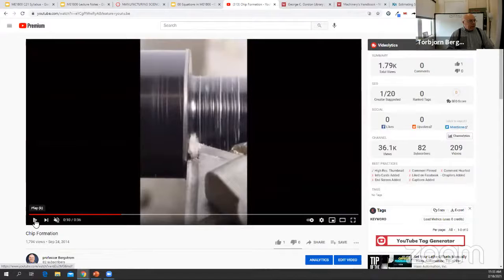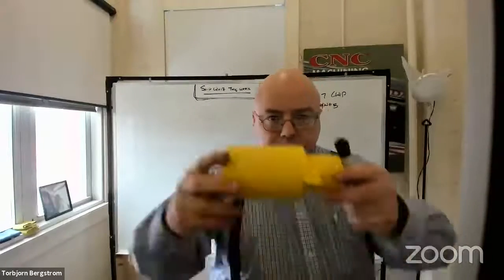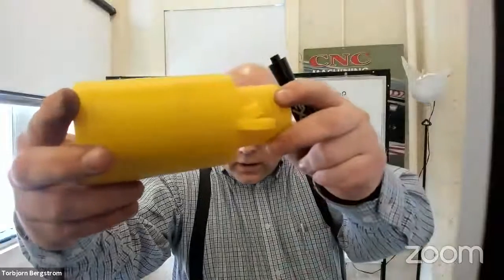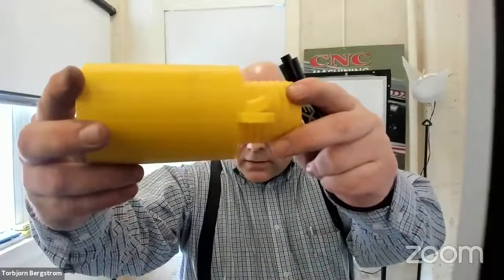Now, if we're looking straight down the edge of the cutting tool, so we're looking in this orientation, straight down the edge of the cutting tool.